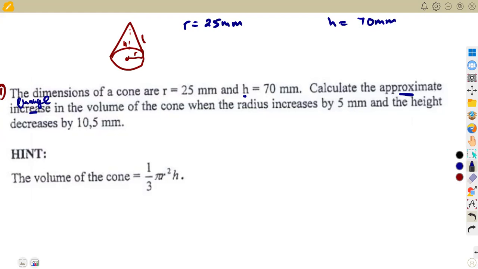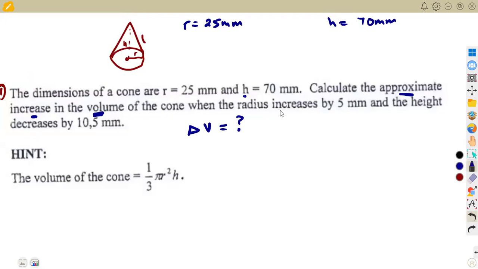So if we are to calculate this, our answer is supposed to be positive, because they already mentioned it's an increase. They cannot say it's an increase while the answer is negative, right? So we need the approximate increase in the volume. So we are asked to calculate the change in volume of the cone.